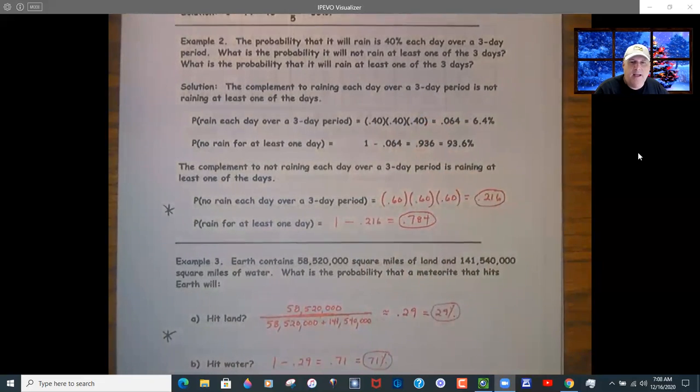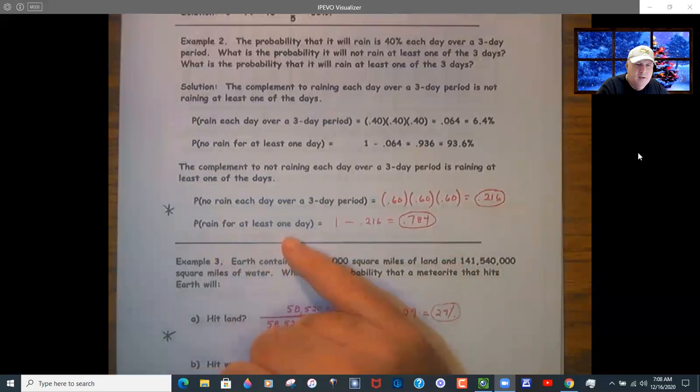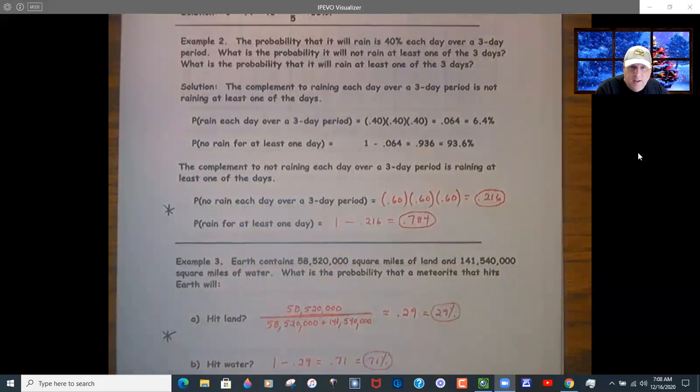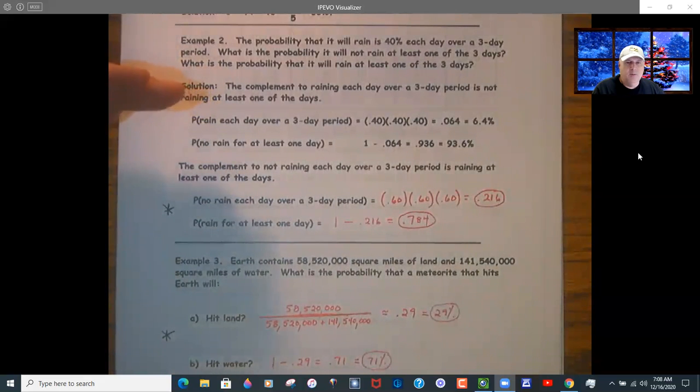So no rain and no rain and no rain, 0.216, and then the complement of rain for at least 1 day is 78.4%. There are all these complement principle ideas that I think are very important, and understanding what it means to say the opposite of it raining every day for 3 days: there's just at least 1 day of no rain.